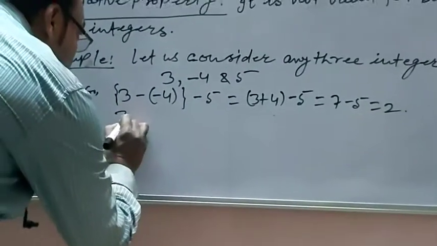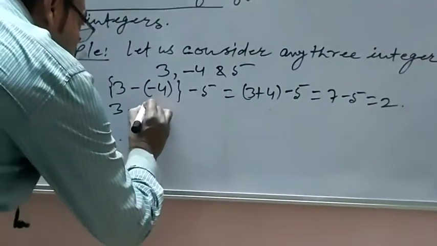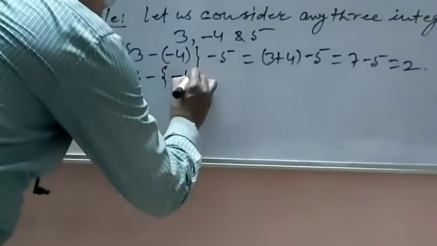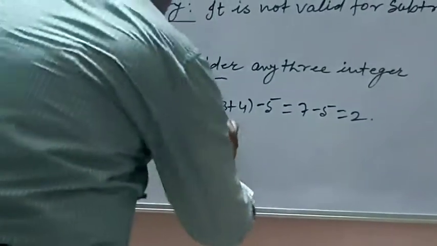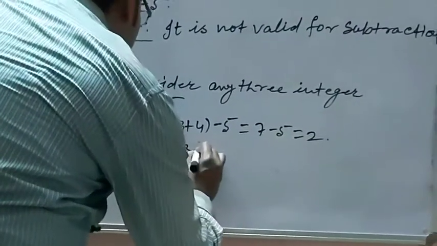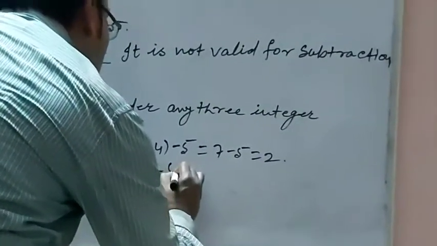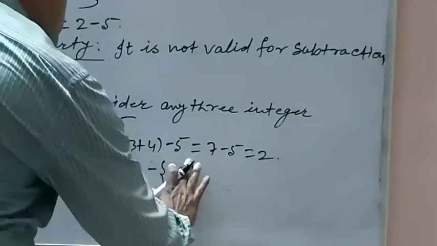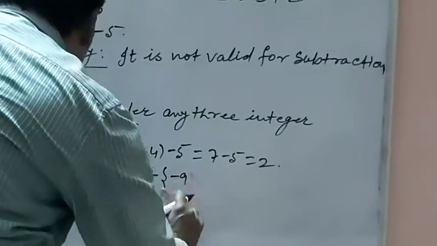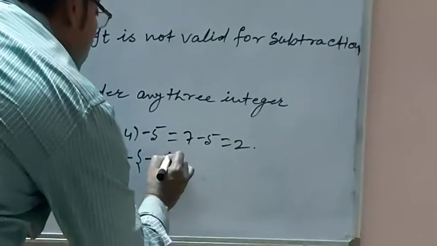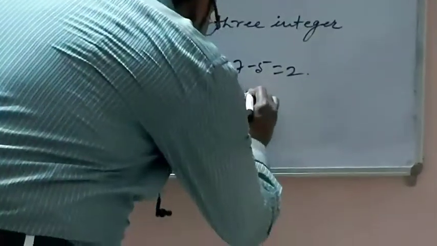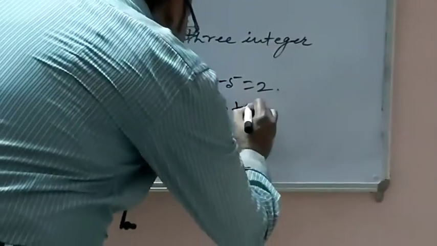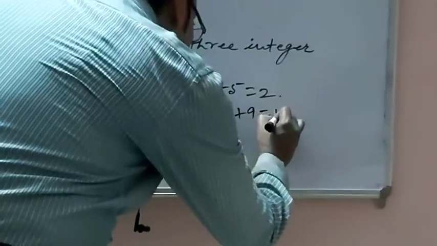So 3 minus (4 minus 5) equal to 3 minus 9, minus 4 and minus 5 it is 9. So 3 minus 9 equal to 3 plus 9 equal to 12.